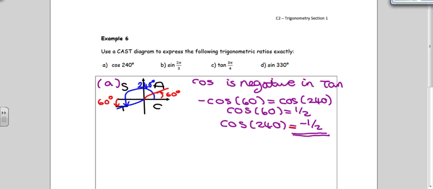So moving on to part B now. Again, we have to draw the CAST diagram. So C, A, S, T. And this time we're trying to find sine of 2 pi over 3.